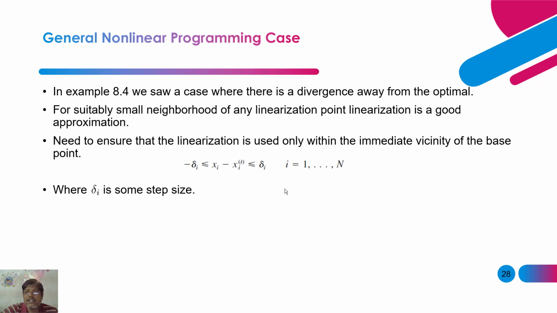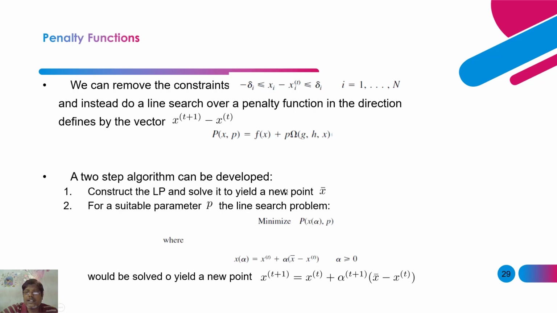And this is some step size. So it's possible for us to remove the constraints, as we did in the beginning, and then we can perform a line search over a penalty function, which we have included, in a particular direction to find the minimum point of it.